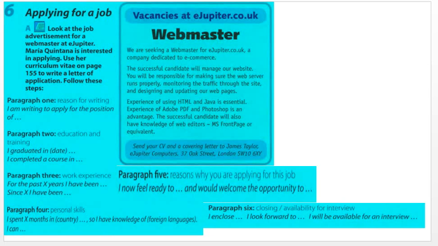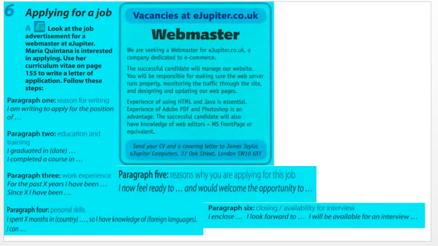Use her curriculum vitae on page 151 to write a letter of application. Follow these steps. Paragraph 1, reason for writing: I am writing to apply for the position of. Paragraph 2, education and training: I graduated in, what date I completed the course.